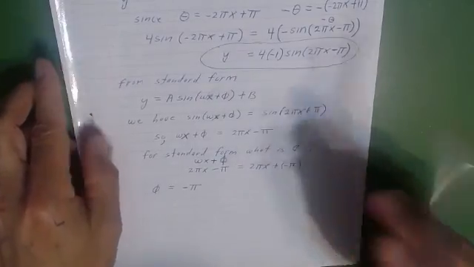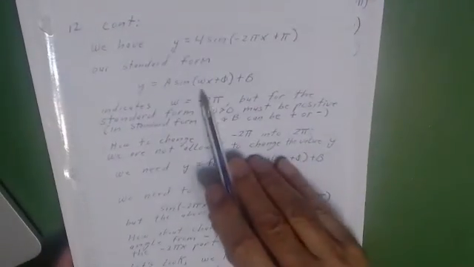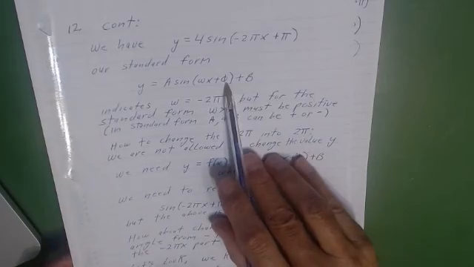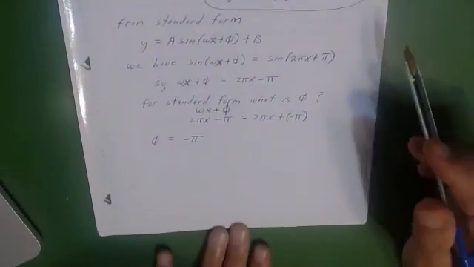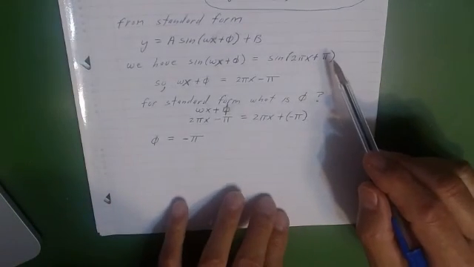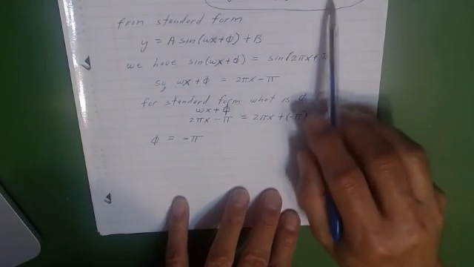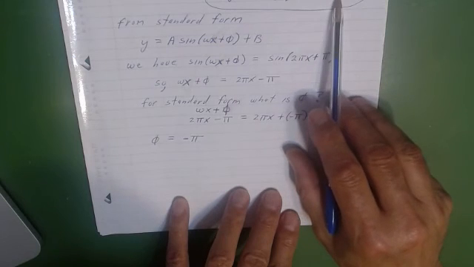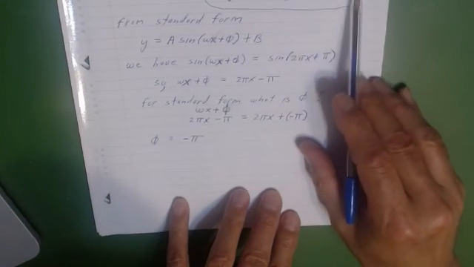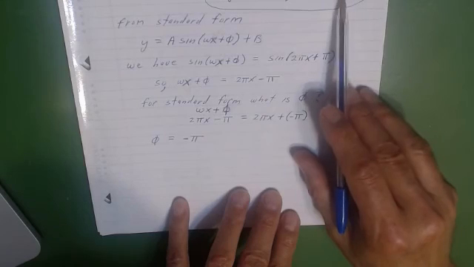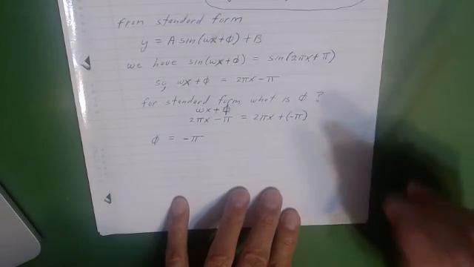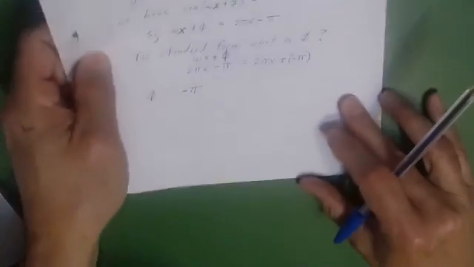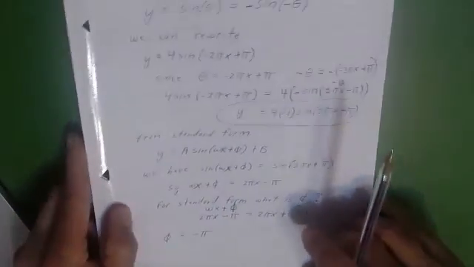Our standard form, let me go back to our standard form, says omega x plus phi, right? And we had this problem earlier. Now that we've changed this thing, here's omega x, but our plus phi is minus pi, and we're supposed to have a plus sign in our standard form, right? So can you see that? Yeah, here.